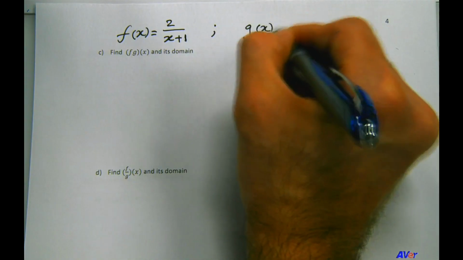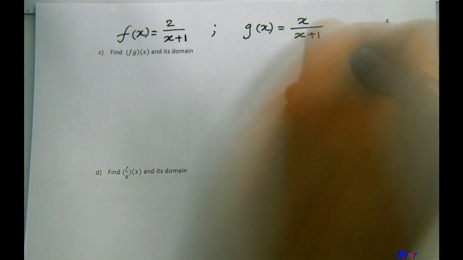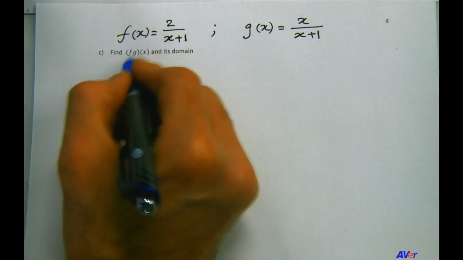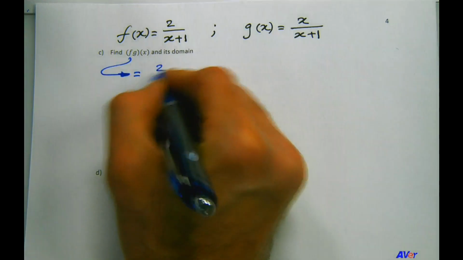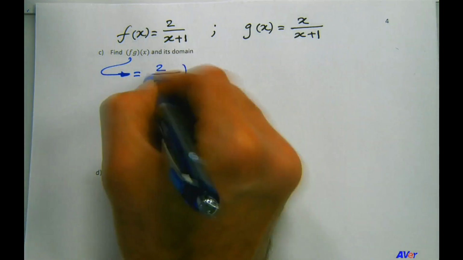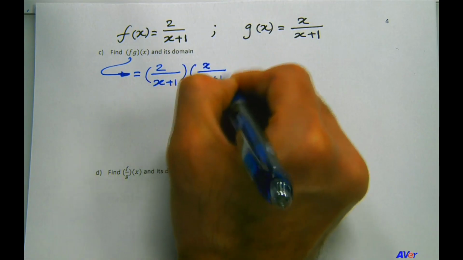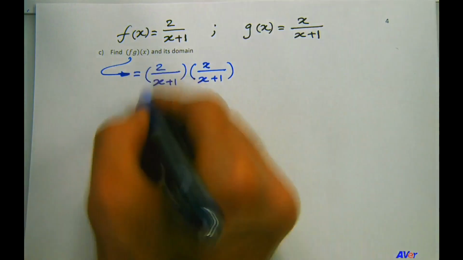And g of x is equal to x over x plus 1. Okay, so now we're multiplying. Like that.